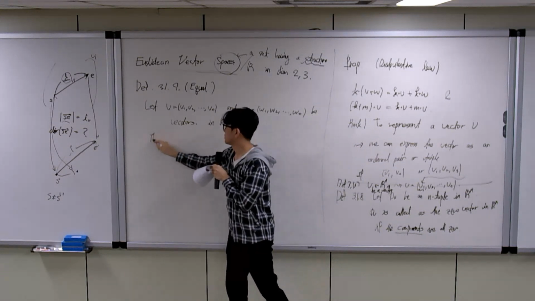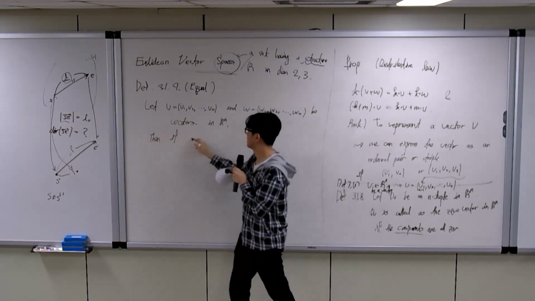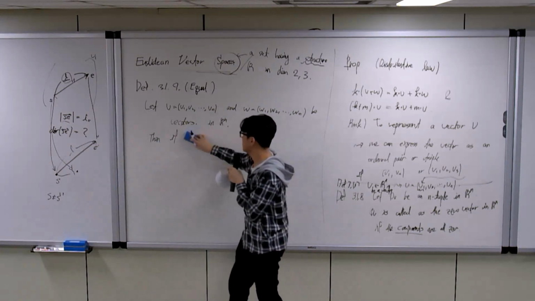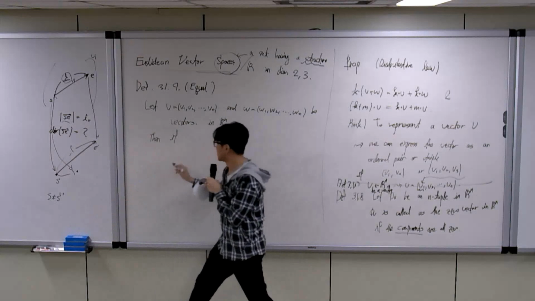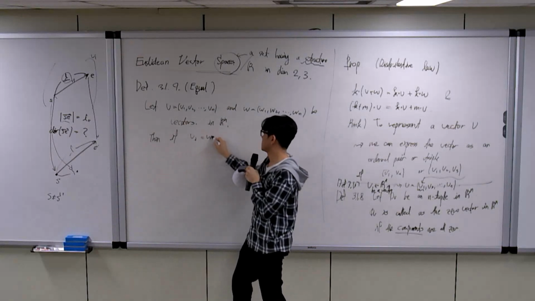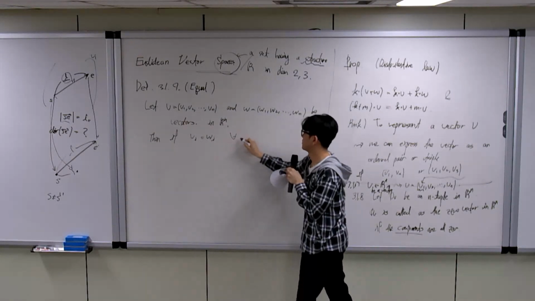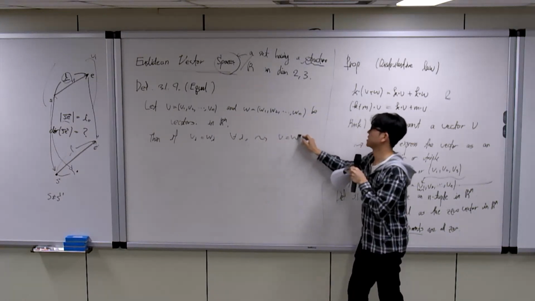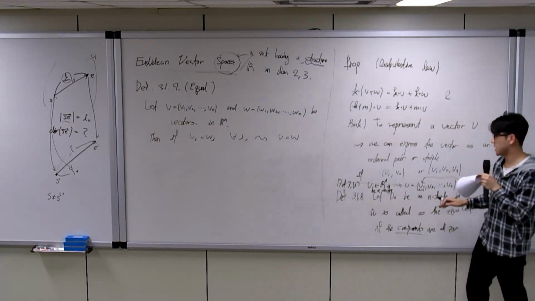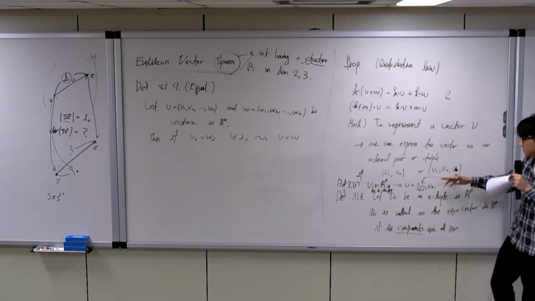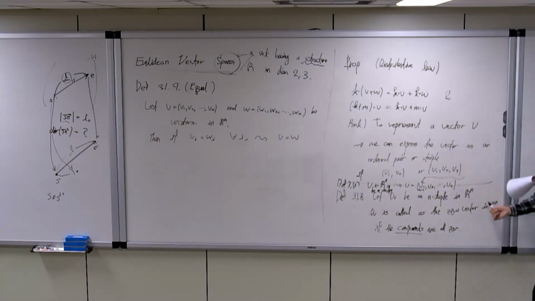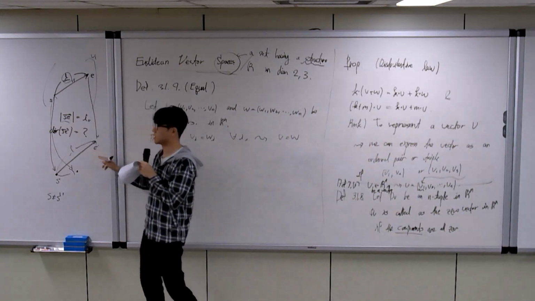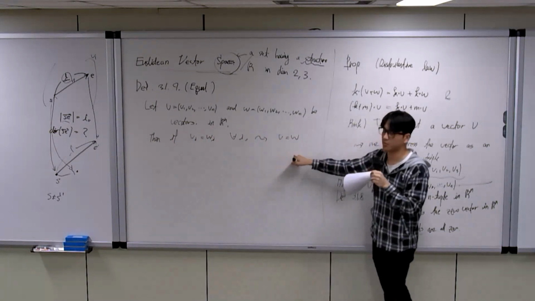Then if for every i the components are the same, then we say the vectors are the same, because they have the same initial point and the terminal point is also the same.